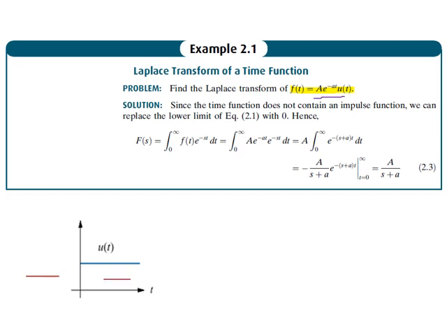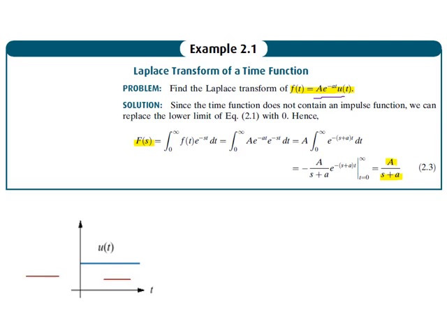Now to find the Laplace transform, we'll use the definition as studied in the previous slide. Using the property of integration for the exponential function, we come to the result that the Laplace transform of f of t, capital F of s, equals capital A divided by s plus small a.